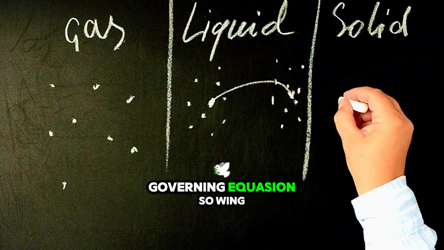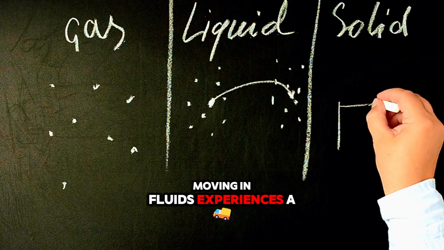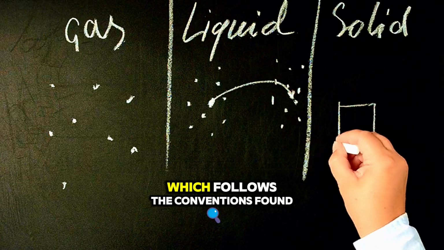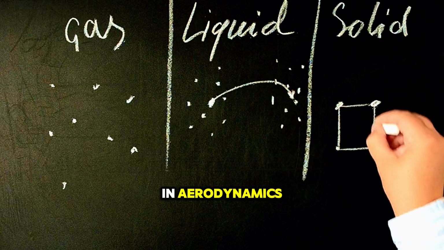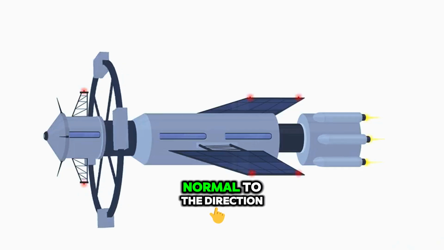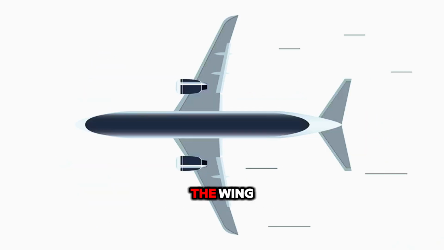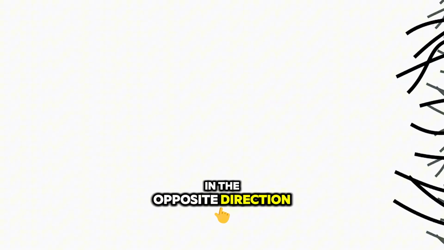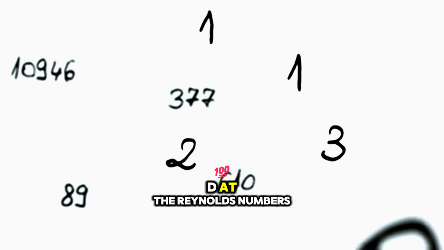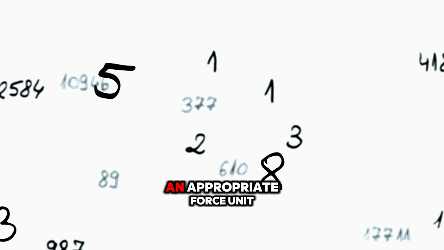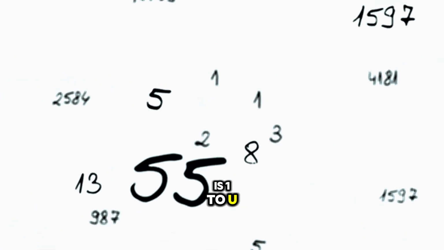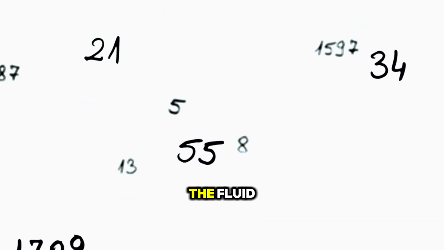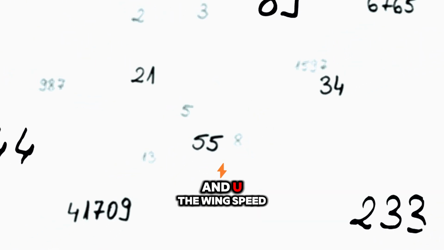Governing equation. A wing moving in fluids experiences a fluid force, which follows the conventions found in aerodynamics. The force component normal to the direction of the flow relative to the wing is called lift L, and the force component in the opposite direction of the flow is drag D. At the Reynolds numbers considered here, an appropriate force unit is 1/2 ρU²S, where ρ is the density of the fluid, S the wing area, and U the wing speed.